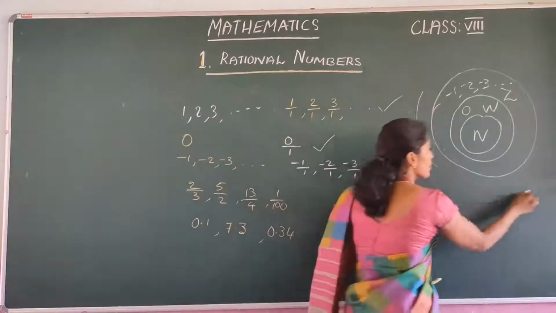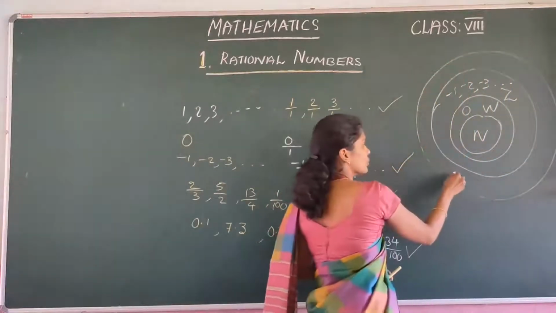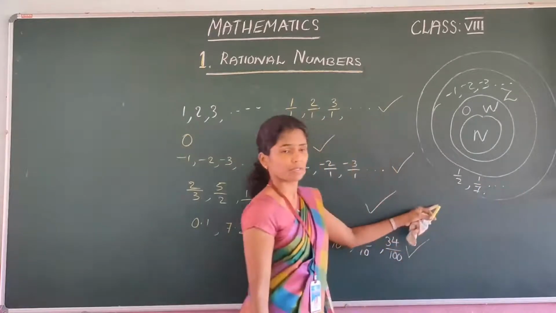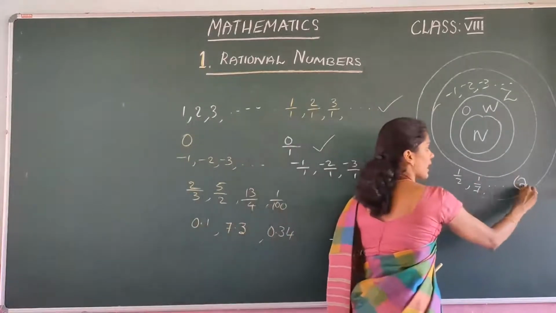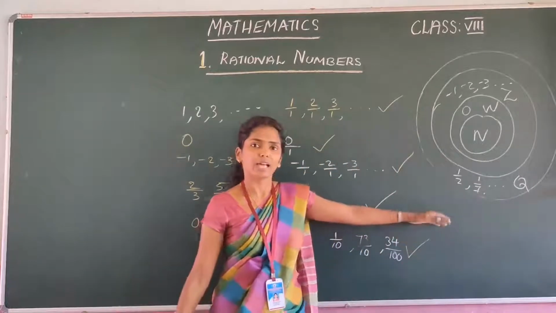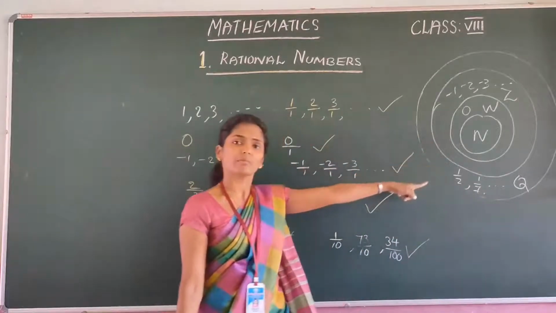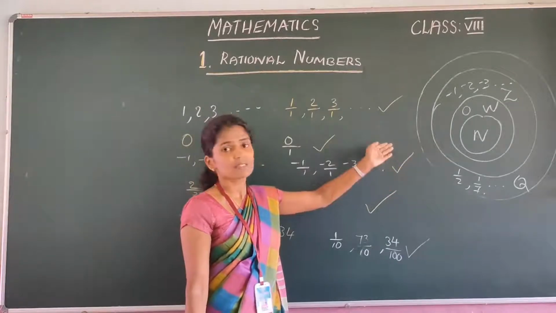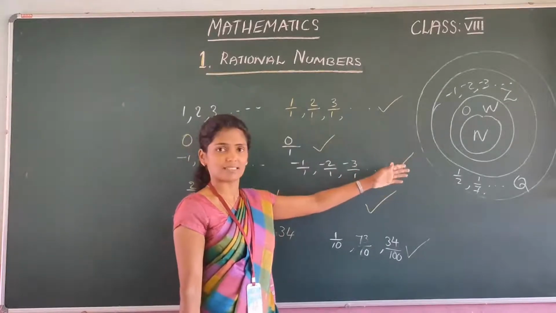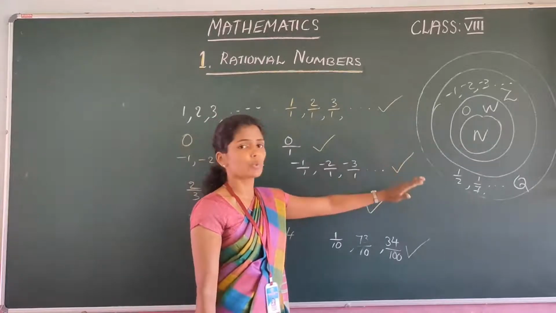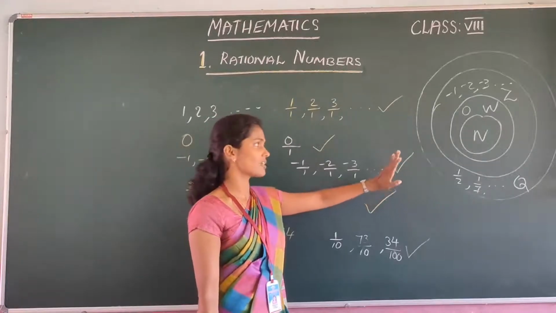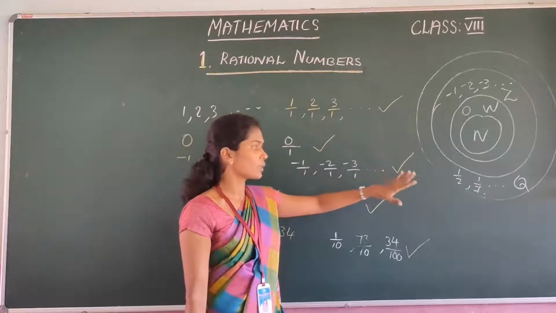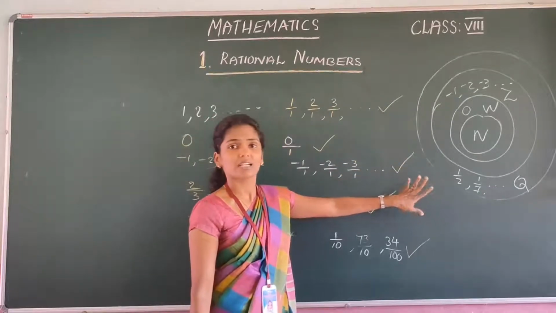Then including 1 by 2, 1 by 7, some fractional numbers, we got the rational numbers Q. That means natural numbers are included in whole numbers, whole numbers in integers, and integers in rational numbers. That means natural numbers, whole numbers, and all integers are included in the rational numbers.